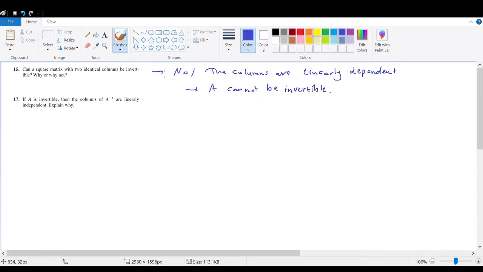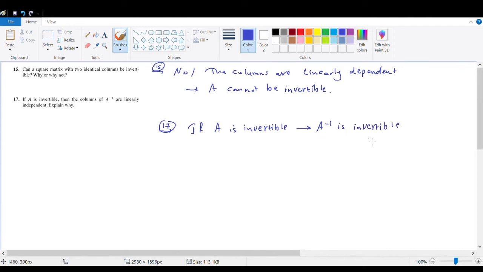In 17, if A is invertible, then the columns of A inverse are linearly independent. Explain why. If A is invertible, that means A inverse also is invertible.